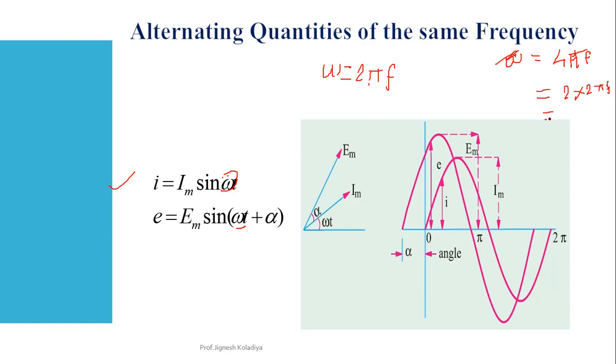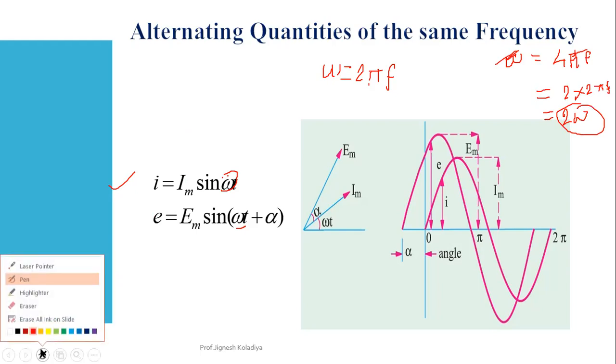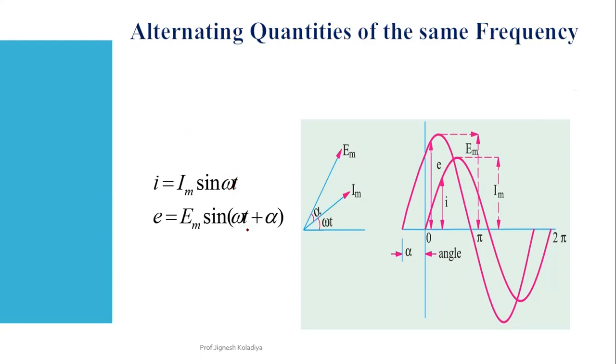So it will be 2 omega. That means the frequency is double the fundamental. But here in both equations omega and omega is mentioned, so you can just consider the same frequency over here.